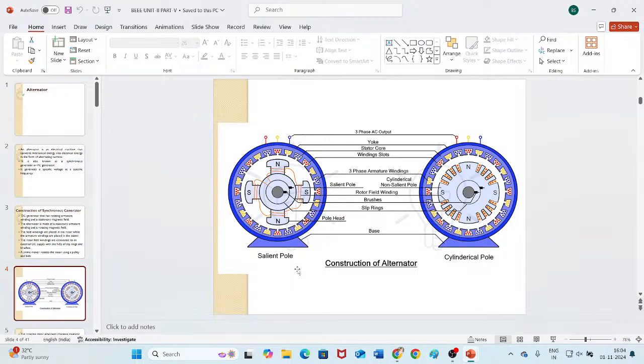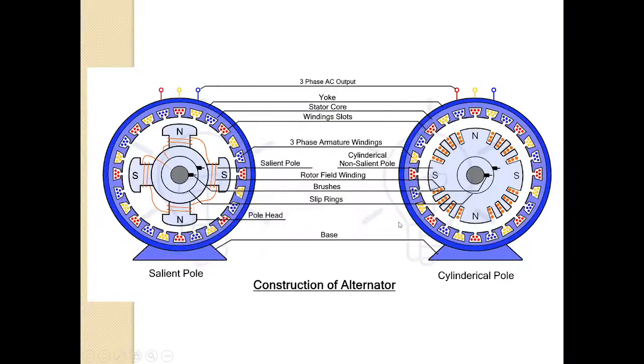It generates a specific voltage at a specified frequency. If you see the construction of the alternator, I'll just expand this. It has a rotating armature and a stationary magnetic field.